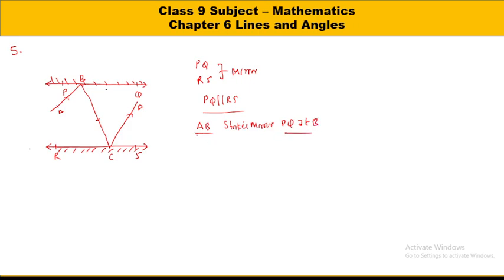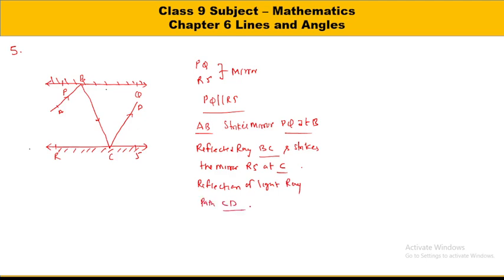The reflected ray moves along the path BC and strikes the mirror RS at C. Again it reflects back along the path CD.